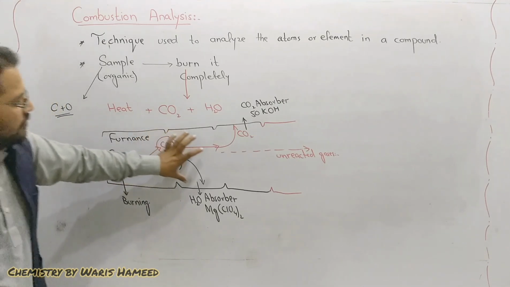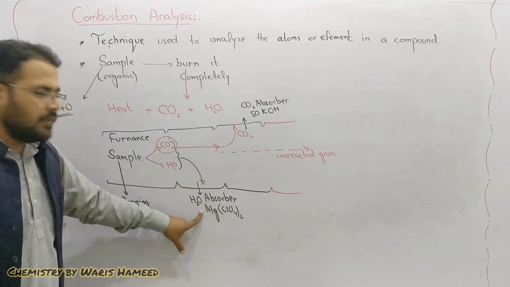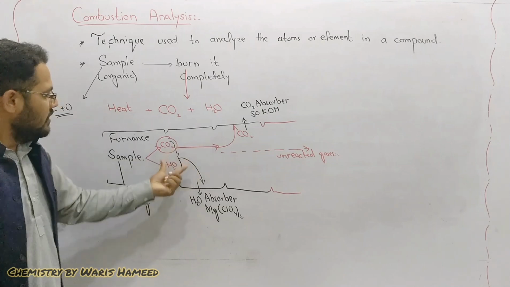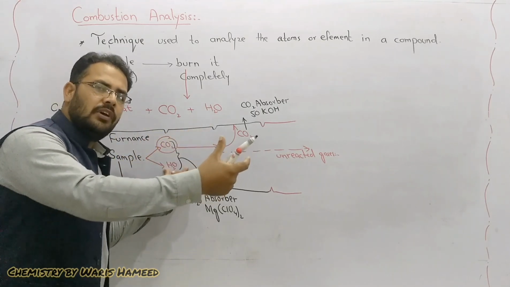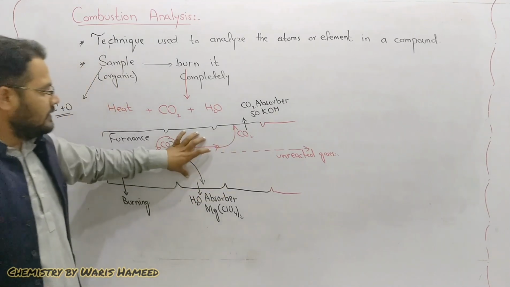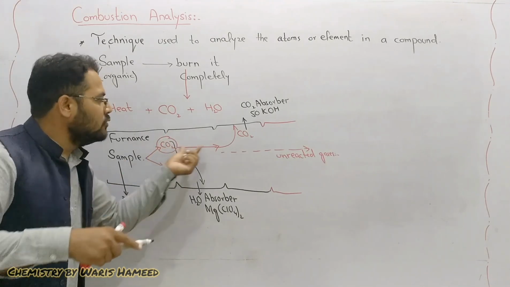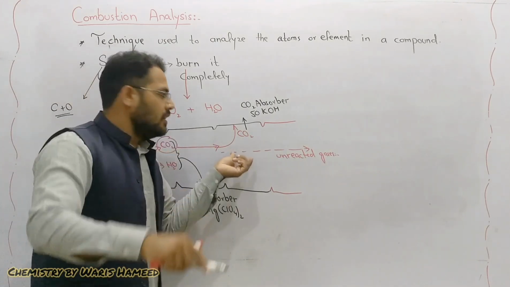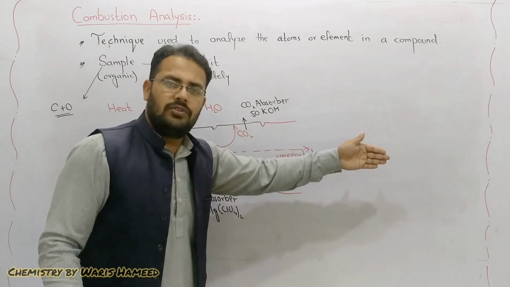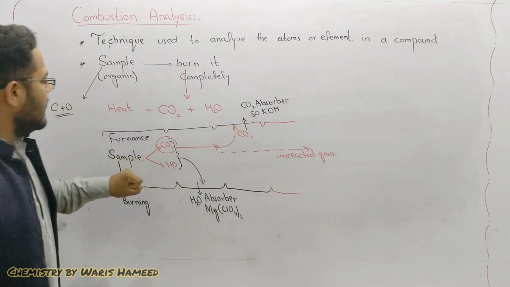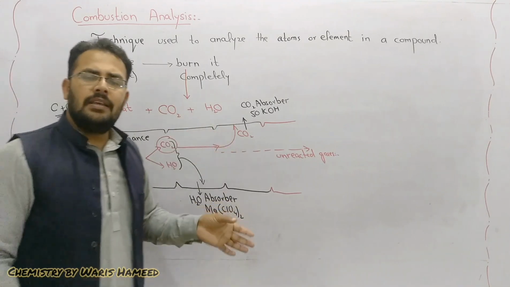After the furnace, we have another chamber, the water absorber, where we absorb all the water, and hence carbon dioxide and other unreacted gases remain. Then that mixture is sent toward the carbon dioxide absorber, where carbon dioxide is absorbed and unreacted gases are sent outside.